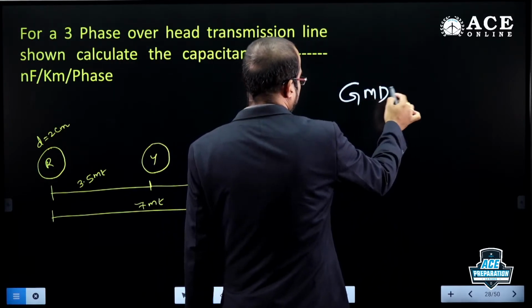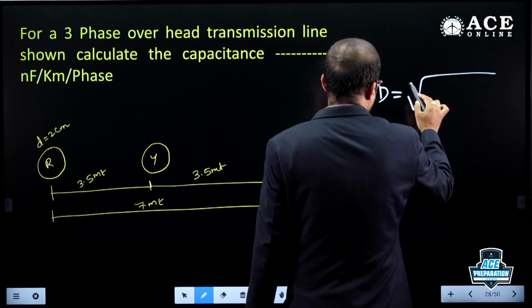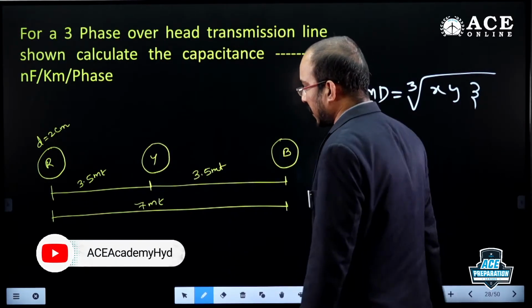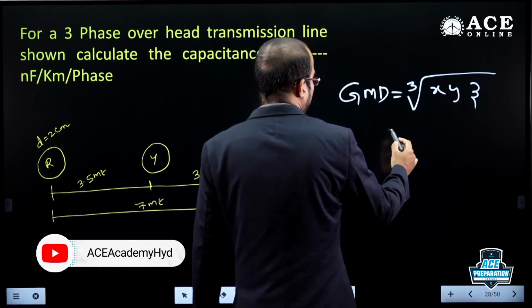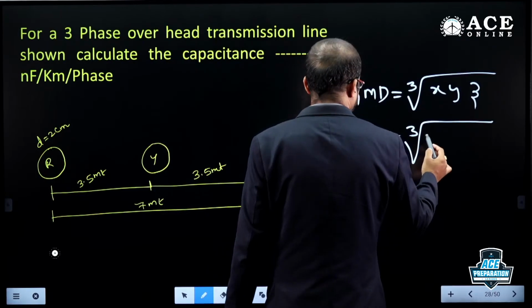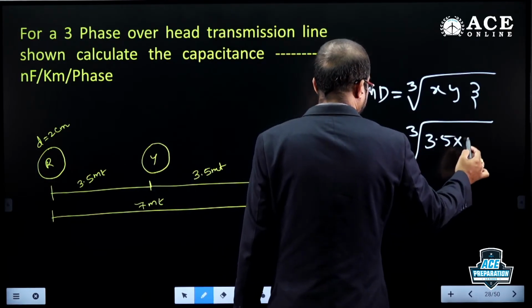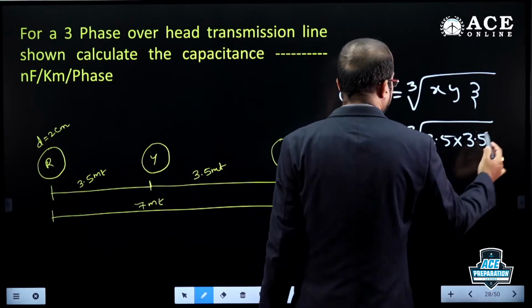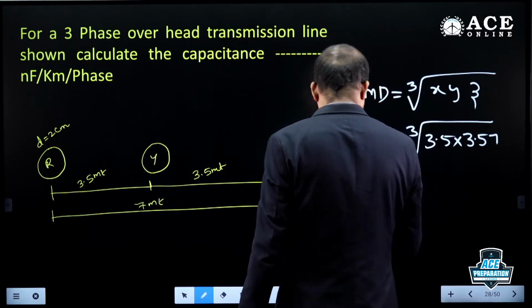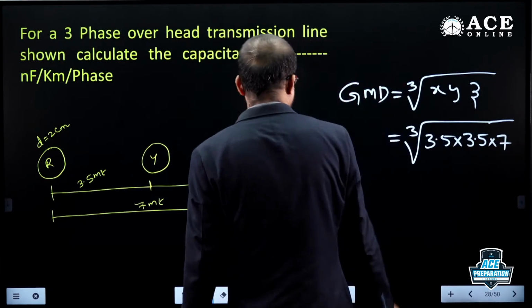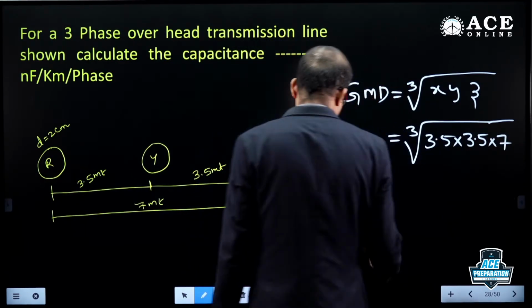GMD is the cube root of x, y, z. Horizontally spaced, so what will be the value of GMD? Cube root of, let x be 3.5, y is also 3.5, z, the distance from R to B, let it be 7. So you will get the GMD in meters.